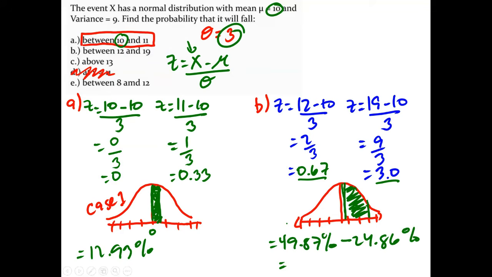Okay, on your calculator, 49.87 minus 24.86. So we have 25.01%. Okay, so ganyan sumagot ng A and B.